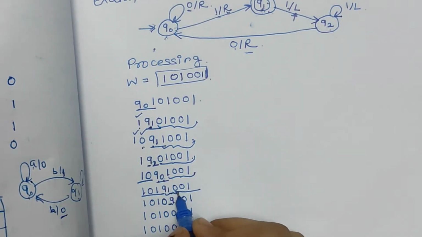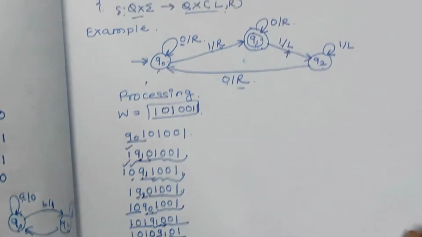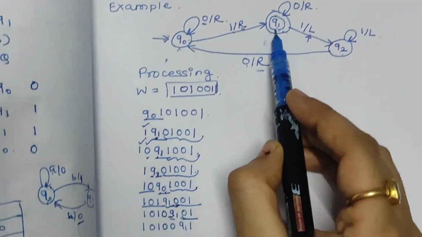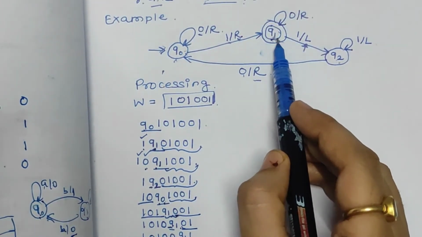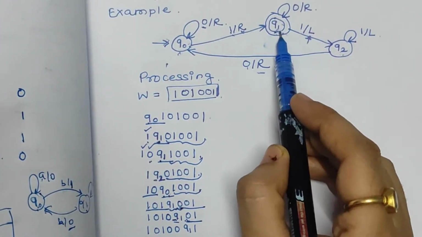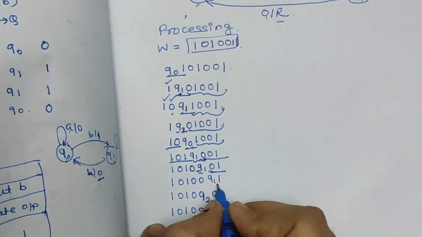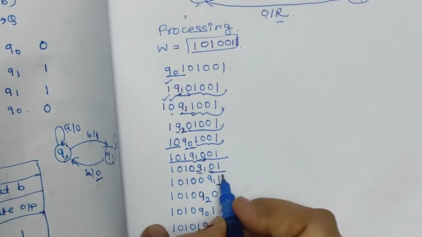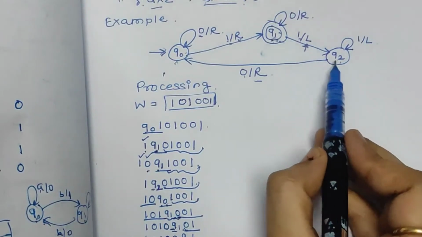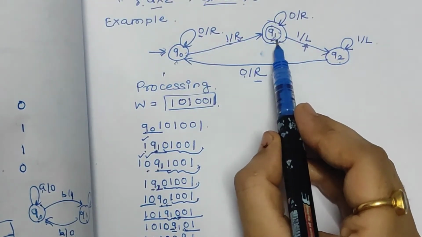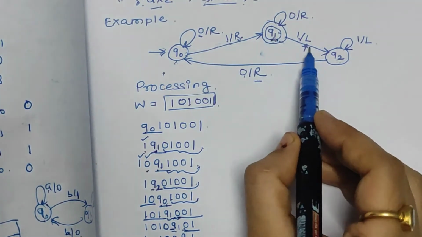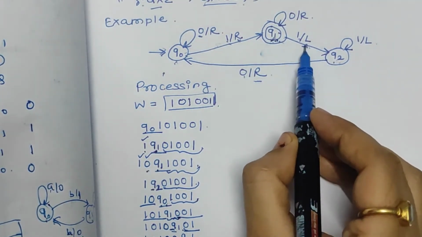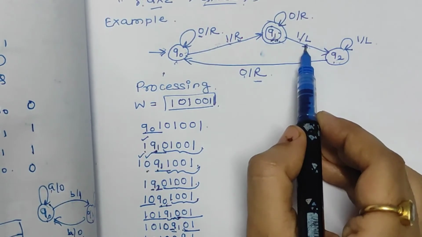I think this we have processed. We are in Q1 and this part is to be processed now. In Q1, if we give 0 as input, again we are in the same state and we move towards right. So the only thing to be processed now is 1. In Q1, if we give 1 as input, we move to state Q2 and one step left.